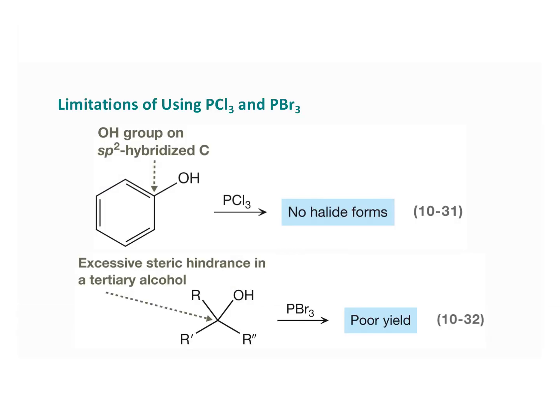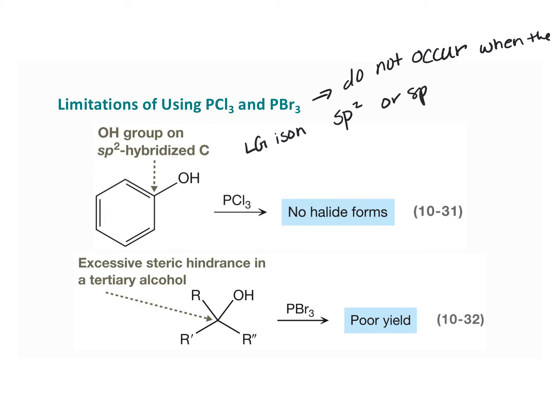So when we come over here, these generally do not occur when the leaving group is on sp2 or sp hybridized carbons, okay?